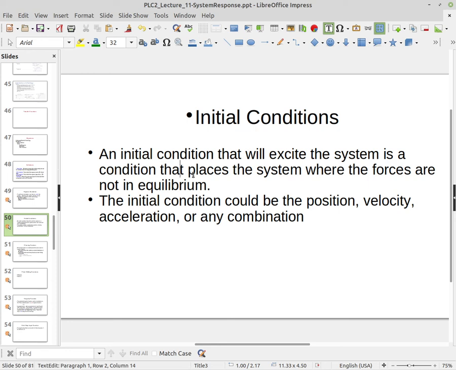But sometimes maybe we want to start by giving the system a push. It's almost like a delta function. So a non-zero initial condition would be like the Dirac delta function pushing it right at time t equals 0.